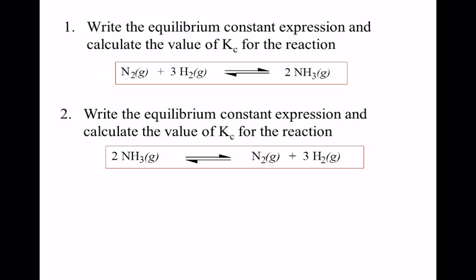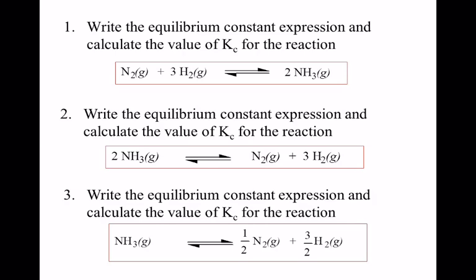Notice the difference between 1 and 2 is we're swinging around the reaction arrow. We've already talked about what that means: it means taking the inverse of the Kc. And last but not least, we're going to take that second equation and multiply through by a factor of 1/2 to get another set of stoichiometric coefficients. So we're going to use those tips that we used before.